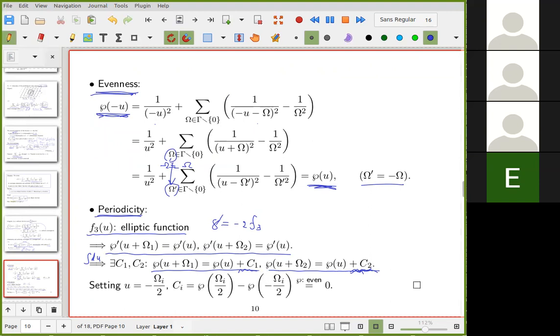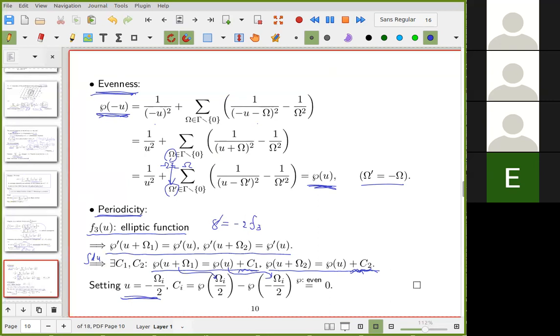But these additional constants actually vanish because, let's put U equal to minus omega 1 or omega 2 over 2. Then this becomes omega i over 2. And of course, U is just minus omega 2.